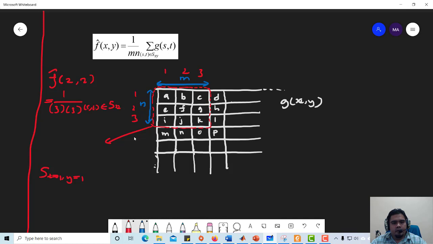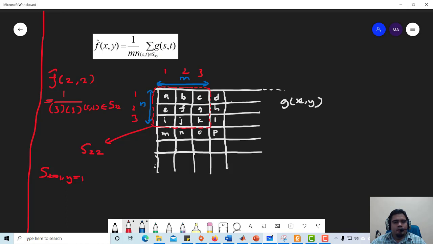This one should be your S 2 2. I changed this x y because it follows this x y, so if x y is 2 2, then this one is called S 2 2. Now if you go back to this equation, this one is S 2 2, so your s t here is a local coordinate, meaning this one.